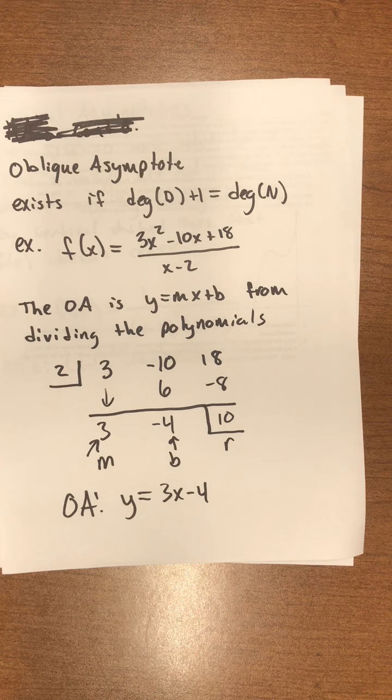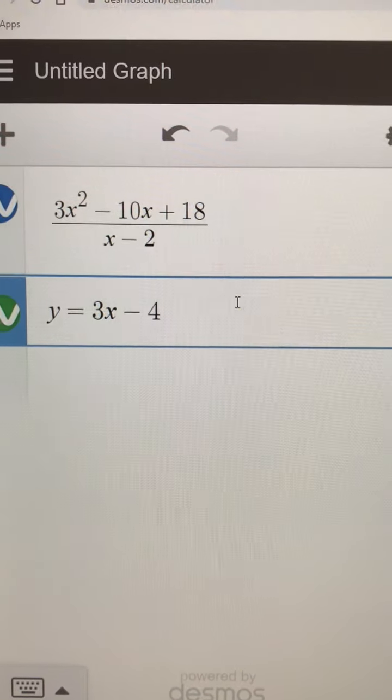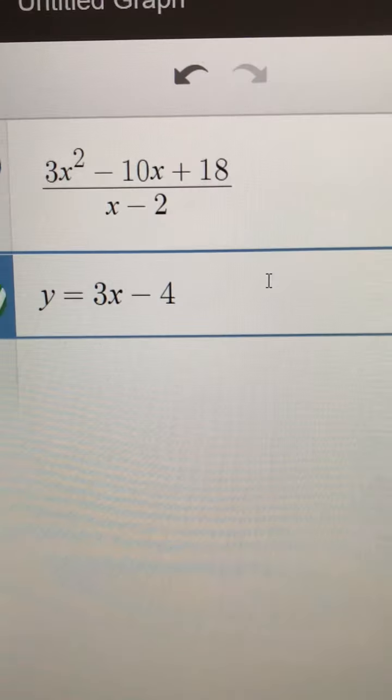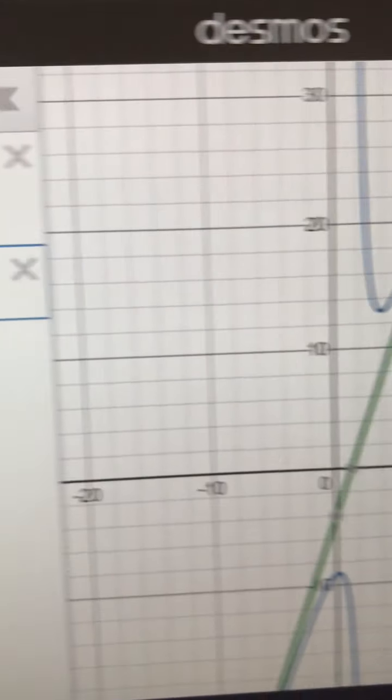So let me show you here. This is the graph of 3x squared minus 10x plus 18 over x minus 2, and then I put in the equation of the oblique asymptote here.